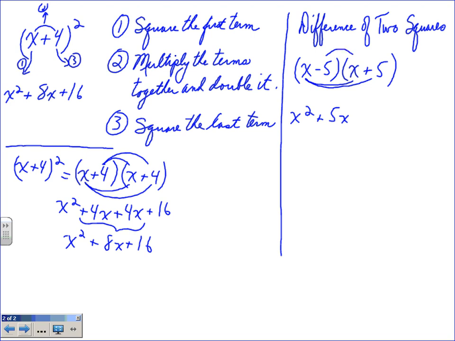Negative 5 times x gives you a negative 5x. And negative 5 times a positive 5 is a negative 25. And if you look at those 2 middle terms, 5x minus 5x cancel each other out. It adds up to 0. And we're left with x squared minus 25.